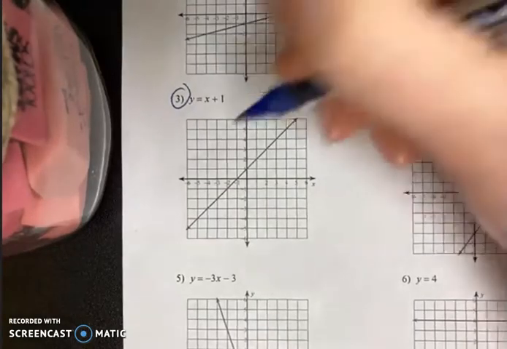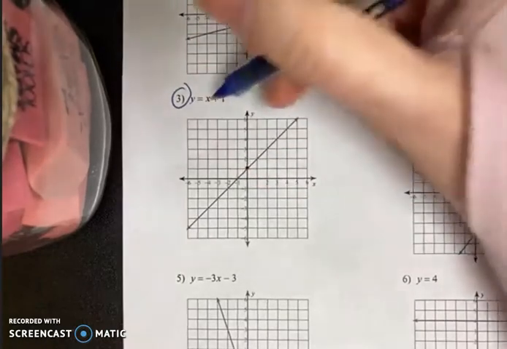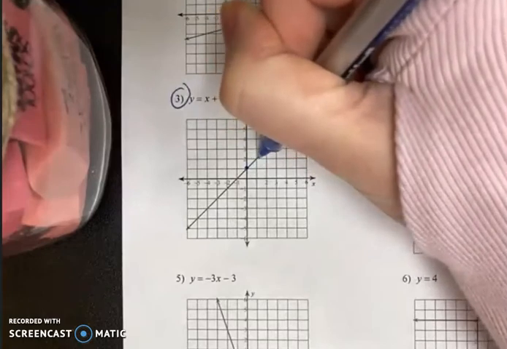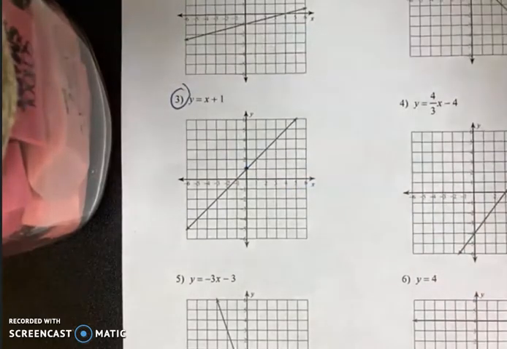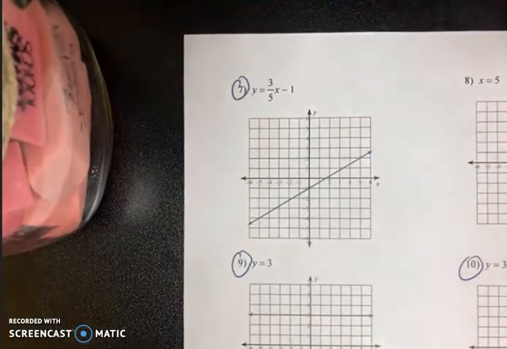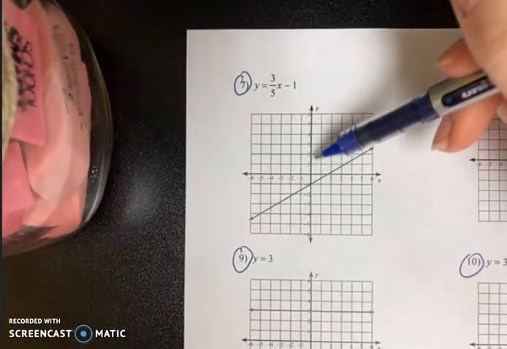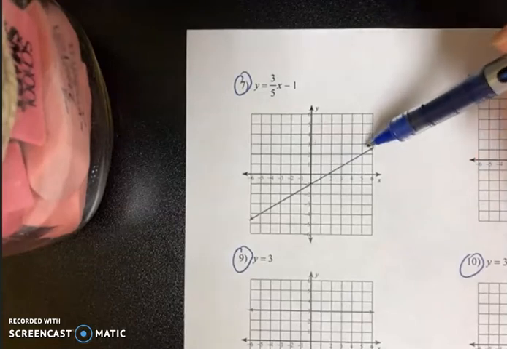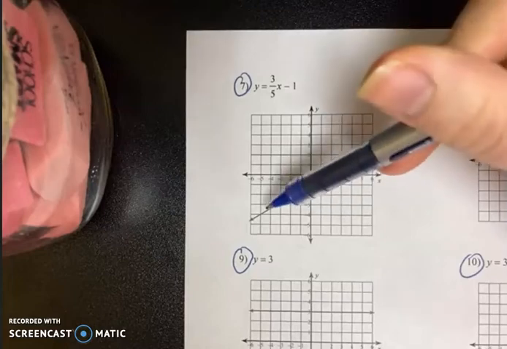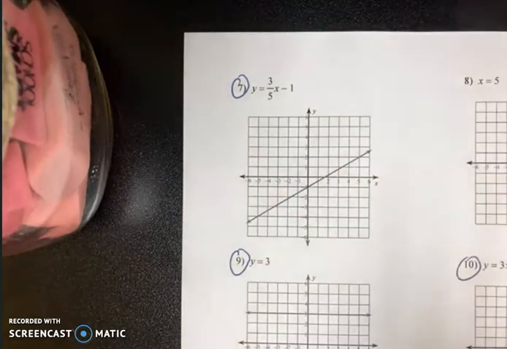For number 3, you can see the y-intercept of 1, and it has a slope of a positive 1, so you should move up 1, right 1, or down 1, left 1. Number 7 has a y-intercept at -1, and then you would move up 3, right 5, or you could move down 3 and left 5 to get the next point.